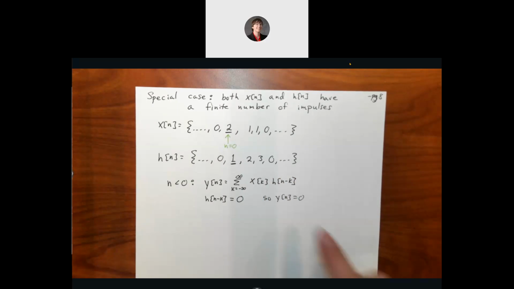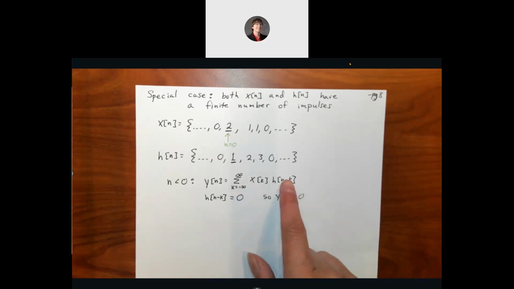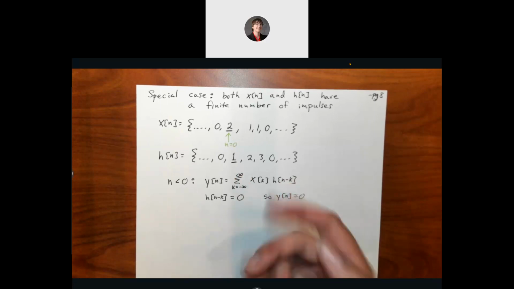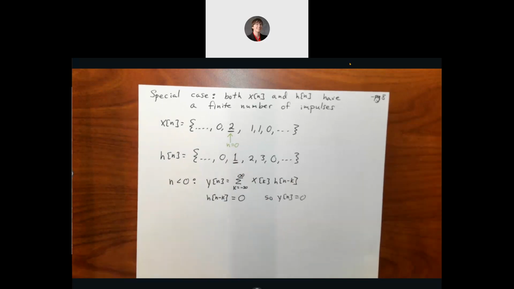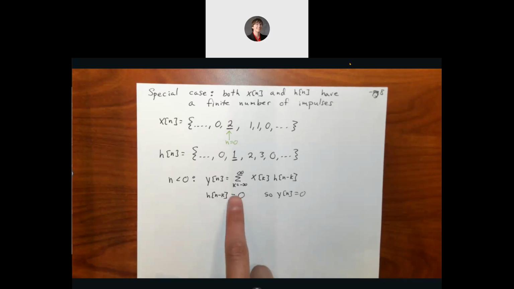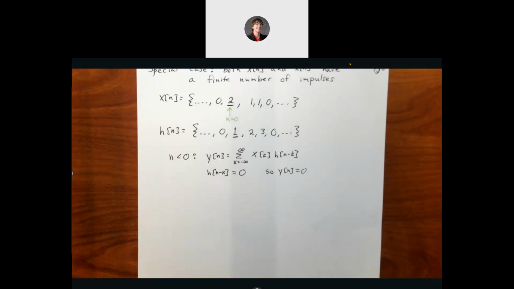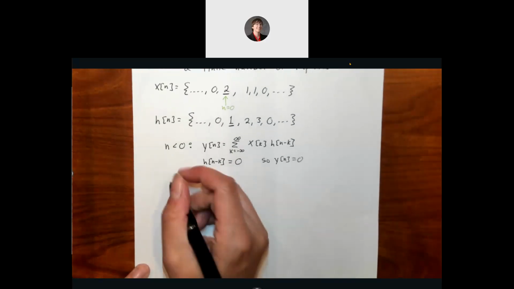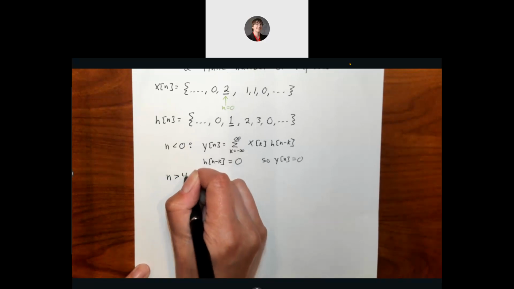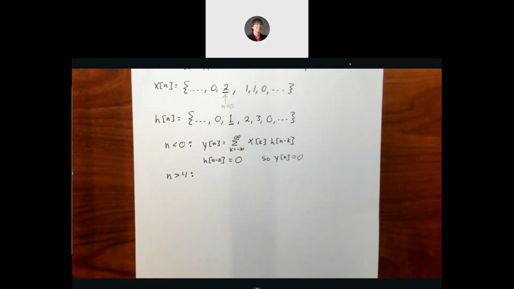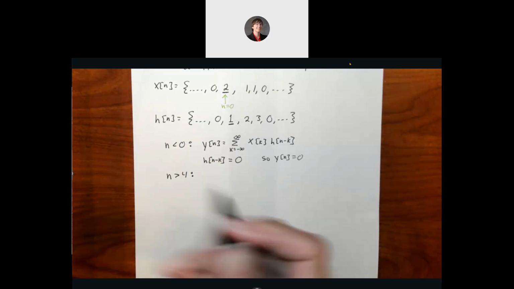Because if we're looking at the way that we sketch these signals, in terms of this x, you would have a flipped version, and then you'd be shifting it by n. And so all of your n minus k would be 0 for those cases. And we also have a similar case when n is greater than 4.